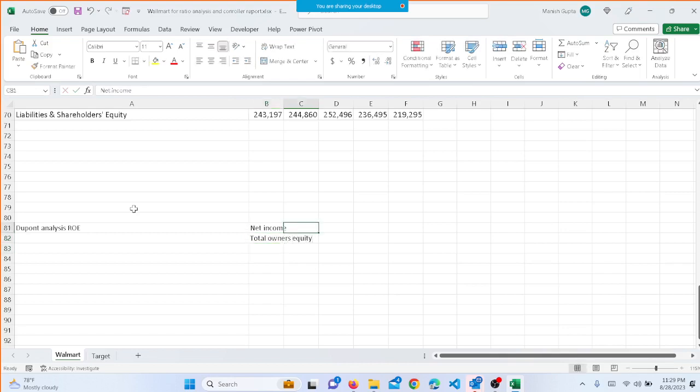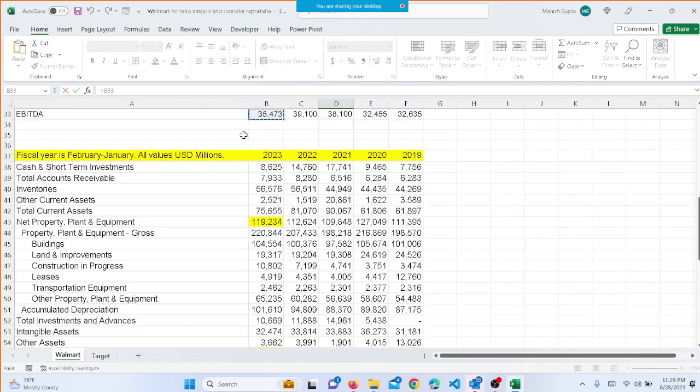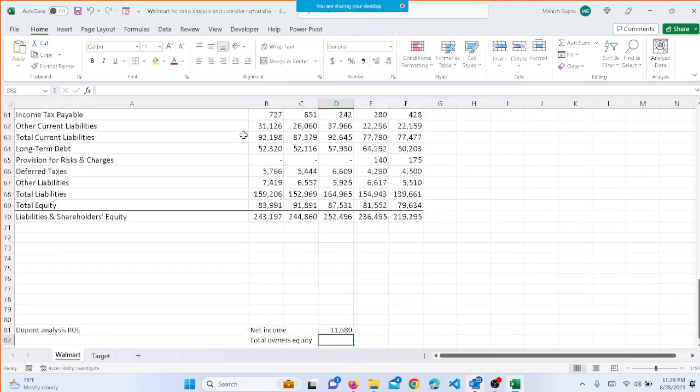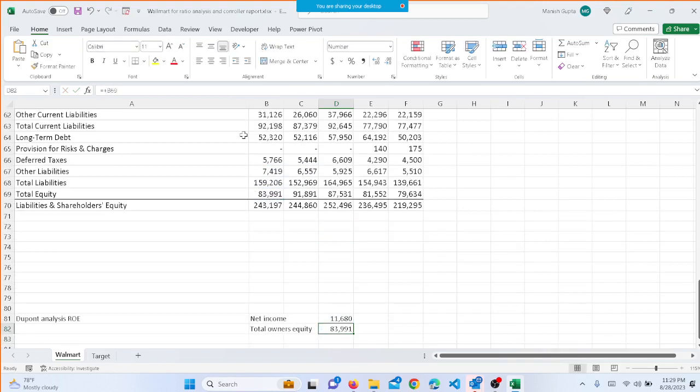In our Walmart case, the net income, or you can say the net profit from the income statement, is 11.6 million. Let's type it out: 11.6 million divided by the owner's equity, which is 83, right? So how many percent do we have? You can say it's 13% for this year, right?